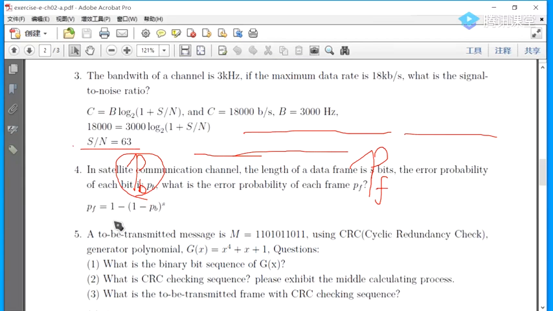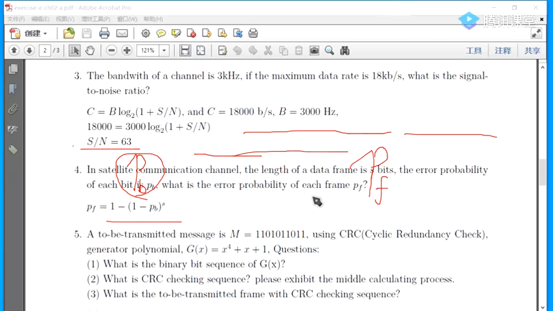The result is 1 minus (1 minus PB) to the power of S. Why? We cannot determine the error probability of each frame directly, but we can determine the correct probability.